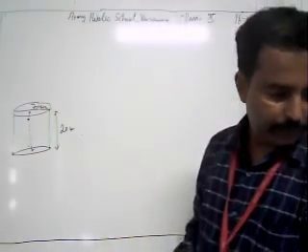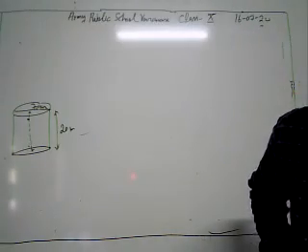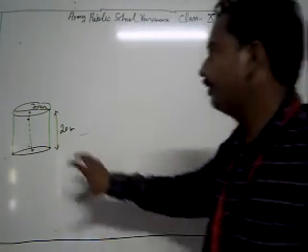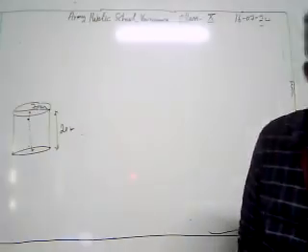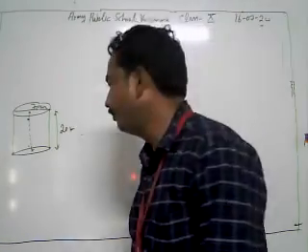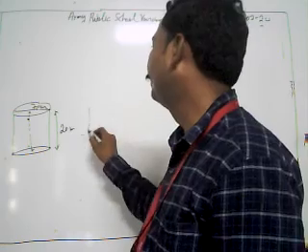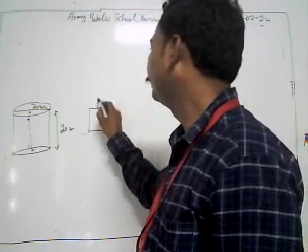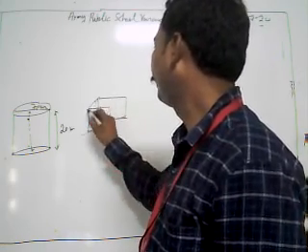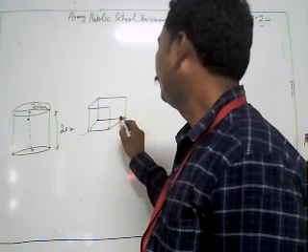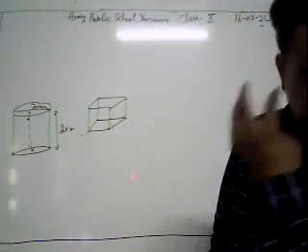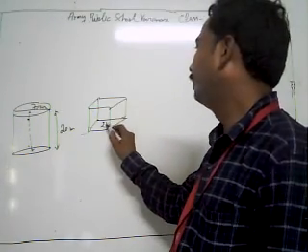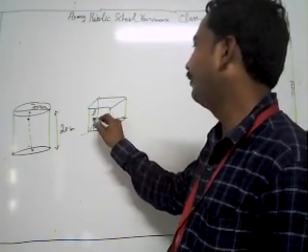After digging, we are going to take out this earth and spread it out to make a cuboidal platform, with length 22 and breadth 14, and we have to find the height.